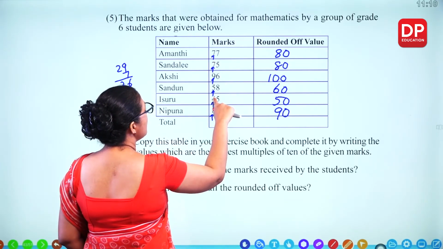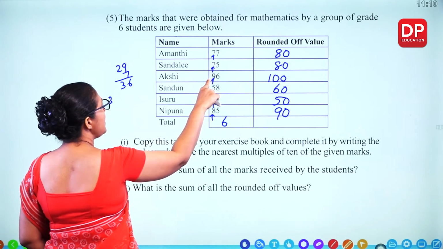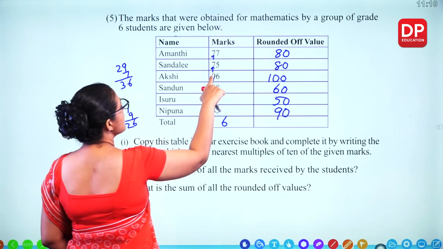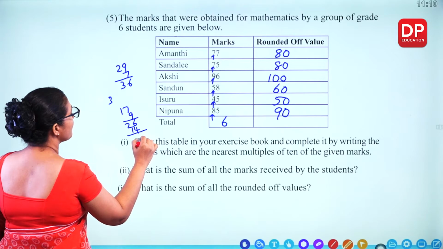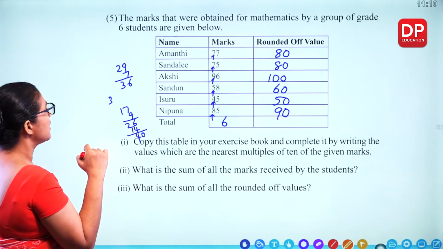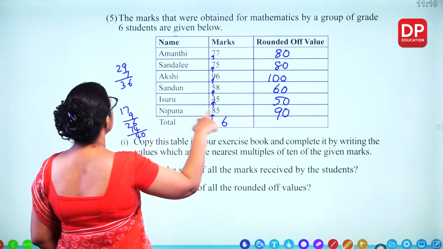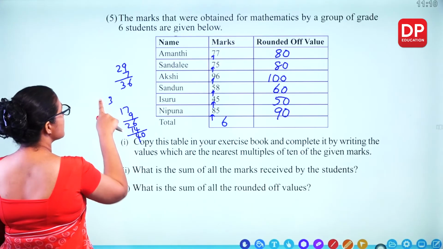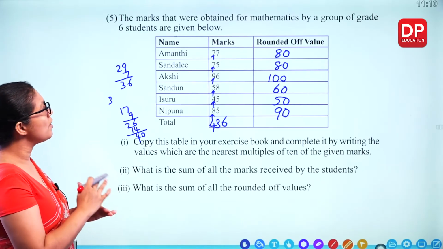You get 12. 12 plus 5, 17. 17 plus 9, 26. 26 plus 14, 40. So did we add these 3? Again you get 36, 3 remaining, then 8 plus 4, you didn't add it. So 40 plus 3, 43. 436 is the actual total.